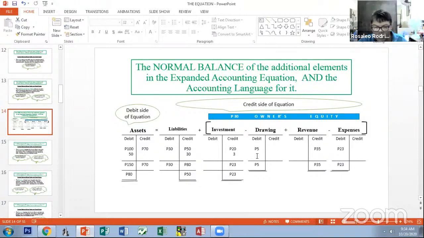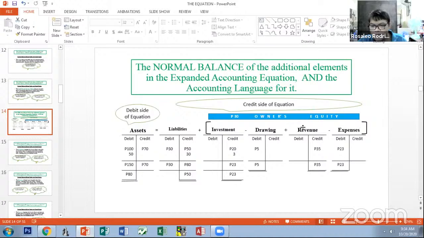So by creating a separate variable for this drawing, it is clearly shown by this equation. Later on, you will learn this equation as the balance sheet, the financial position. It will clearly show that information by creating a separate variable. So let's proceed to the next.